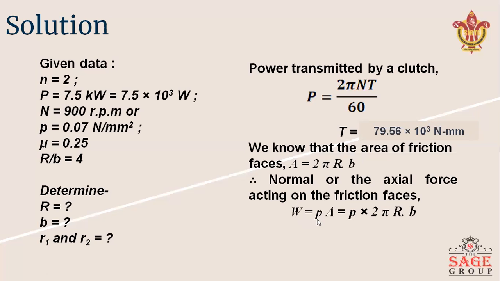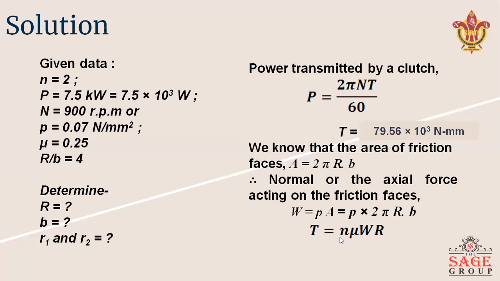The load equals pressure into area, or axial force acting on the friction faces, W equals p into A, and area A equals 2 pi R b. So substituted here. And now the torque transmitted by the clutch, T equals n mu W R. We already know that, and we have used this formula many times.